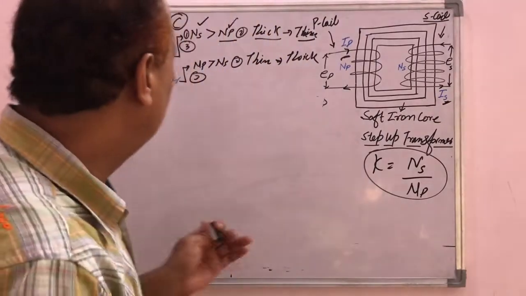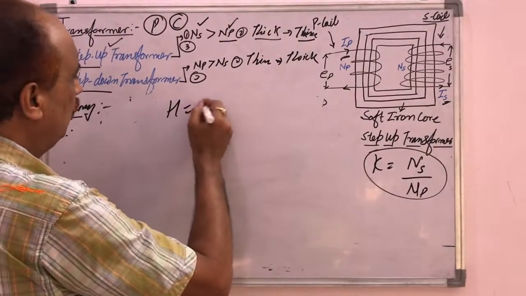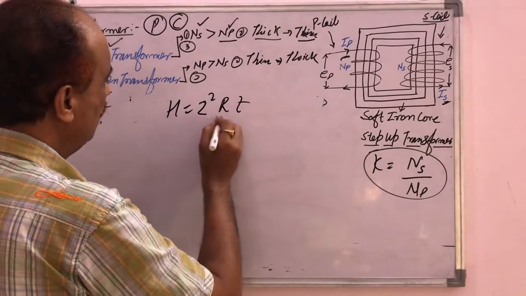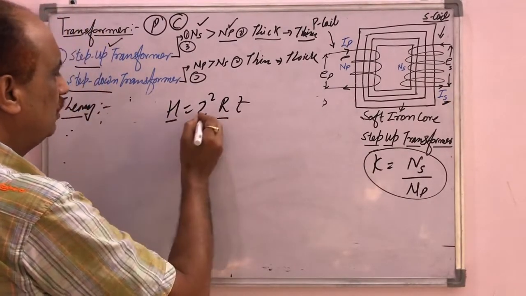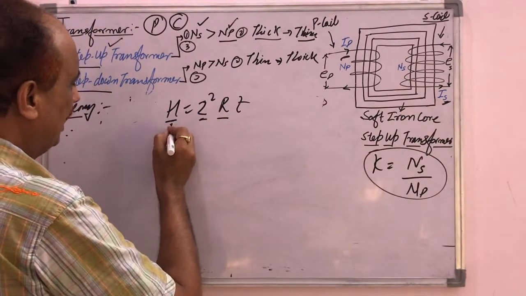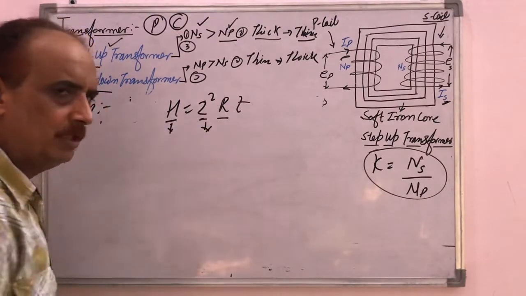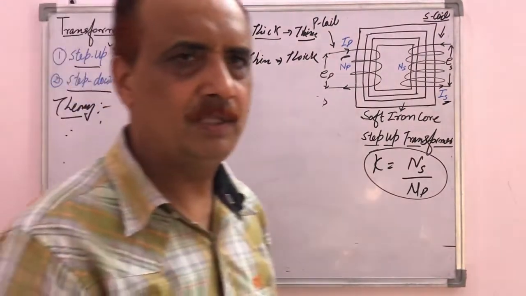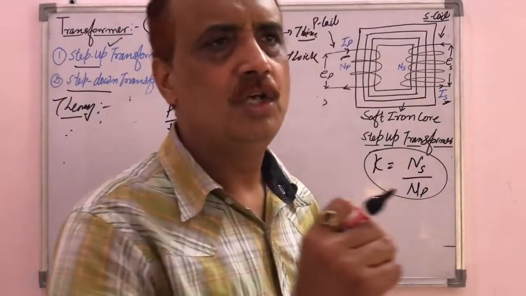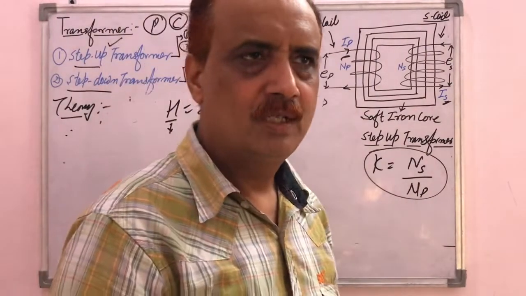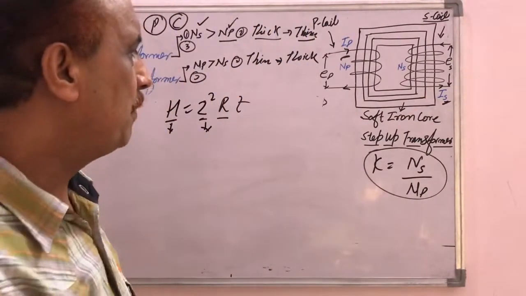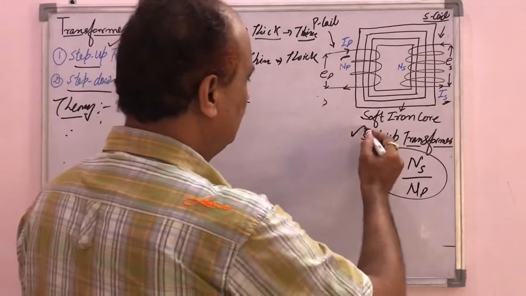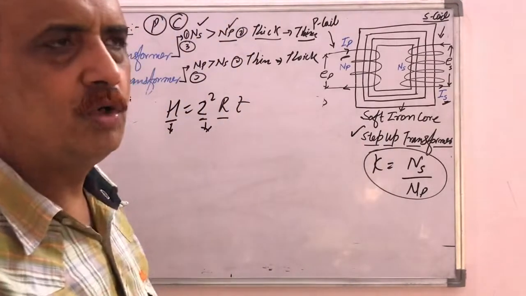So according to the formula of heat, H equal to I squared R T, from this formula the heat will be produced less if the value of current is low. So it is only possible when high voltage is used for the transmission. So we have to use here the step-up transformer. The step-up transformer has the ability to convert the low voltage into the high voltage.